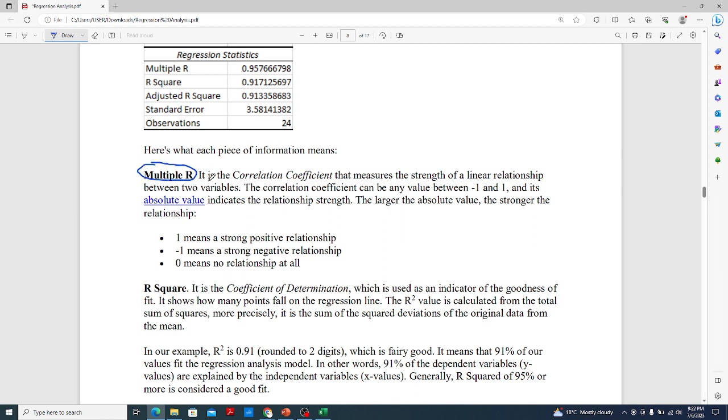I guess we've discussed this. That is the correlation coefficient that measures the strength of a linear relationship between what? Between two variables. Then the correlation coefficient can be any value between what? -1 to 1. Of course, we also discussed that.